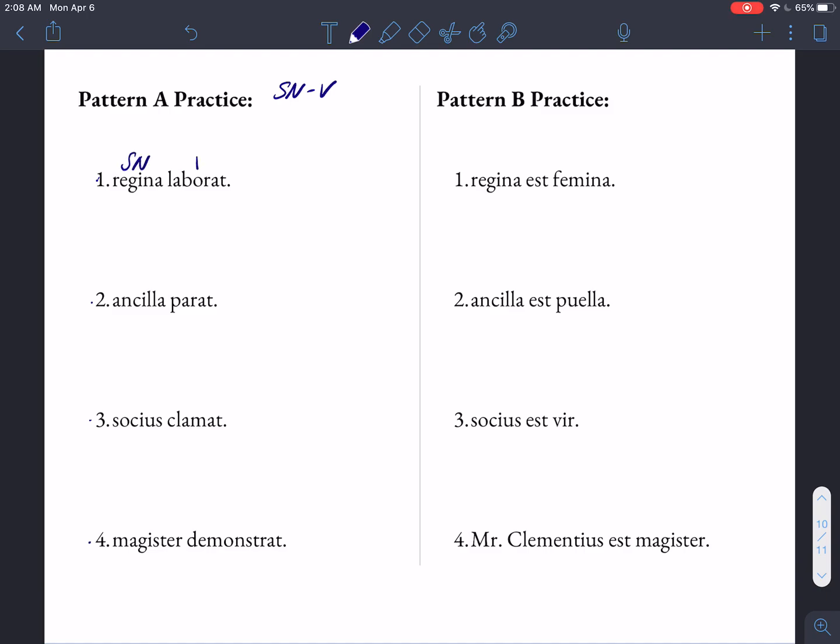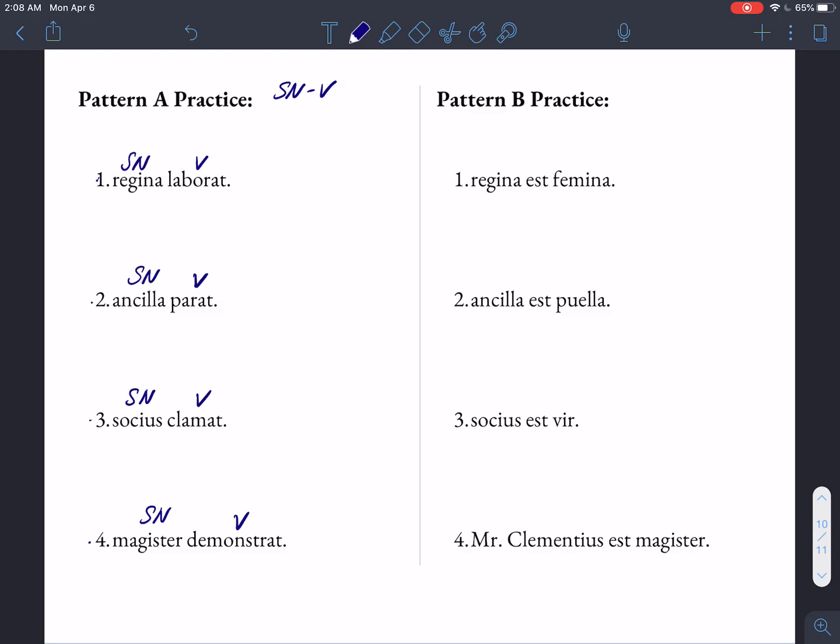If we look at sentences 1, 2, 3, and 4, all of these have a simple form. You've got SNV, SNV, SNV, and SNV. Look at that. Now, some of you might be wondering, but Magistra, how do I know that these words are SNs and Vs? How do I know which one's which? That's just a simple vocabulary question.